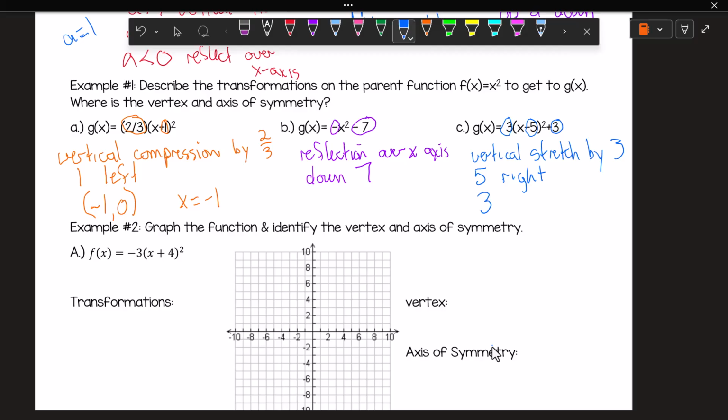And the last 3 is exactly what it looks like. It's 3 up because it's positive. Oh, we forgot to do our vertex and our axis of symmetry for the last 2. This would be 0, -7, and x equals 0. This would be 5, 3, and x equals 5.